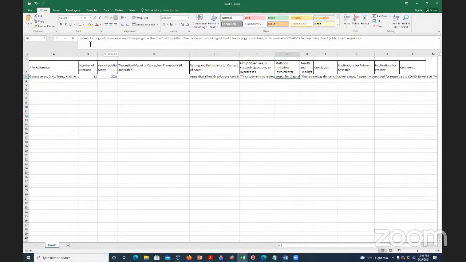Right. So a method for any research project is basically what did the researcher or research team do. If anybody in the world wanted to redo a research project, the methods tell you what to do. So we could decide to do this paper again, which we wouldn't, but we could. And we would then need to look for all the papers in English about digital health technology, re-COVID, in the first 6 months.